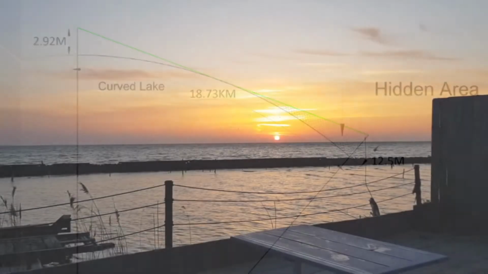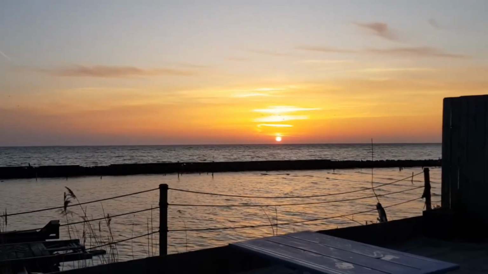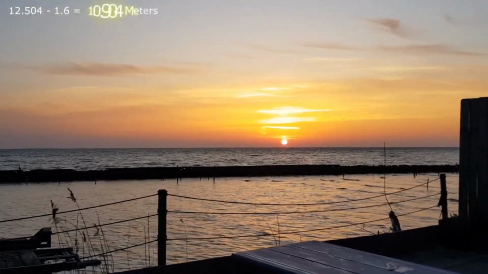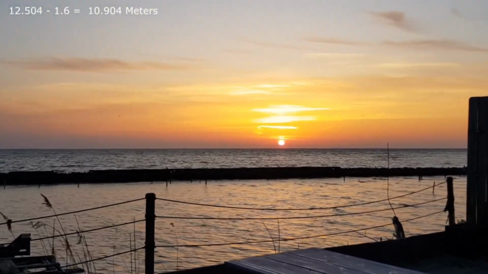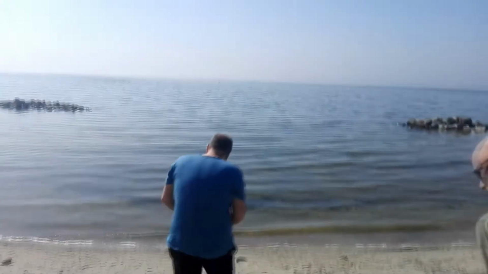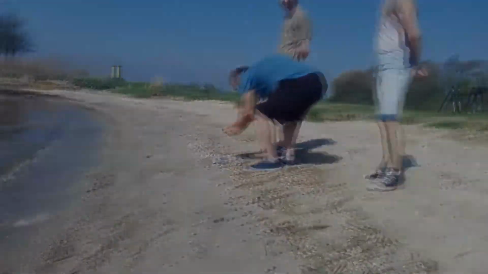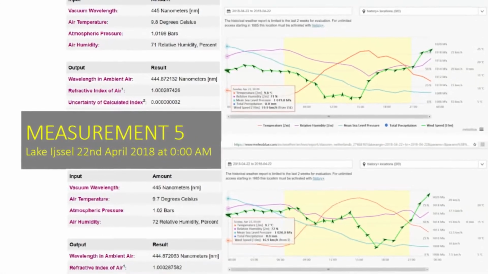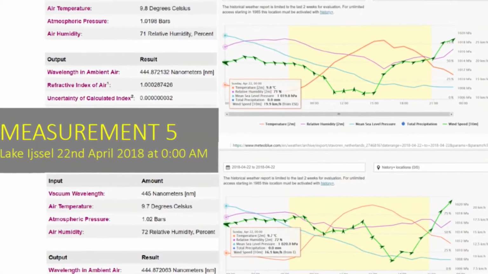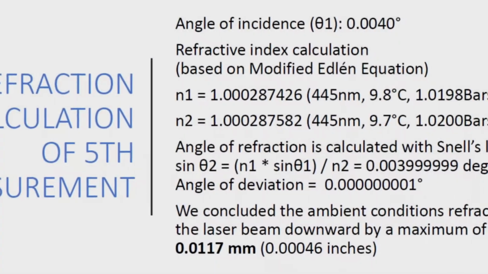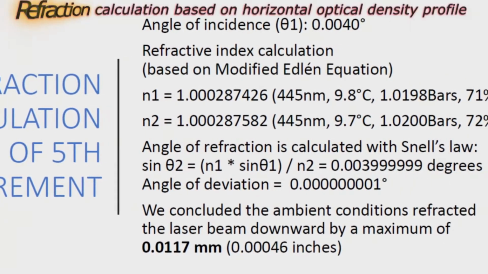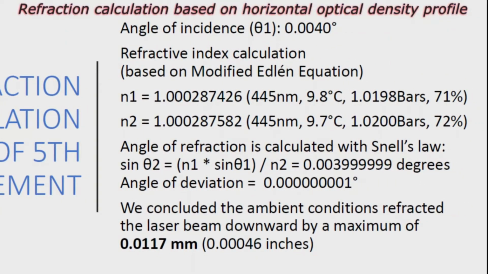For measurement 5, the WGS-84 mathematical construct differed by 10.904 meters, which meant 85% of the target hidden height was visible. FECORE examined the effects of refraction through the gradients in the air by adjusting the beam vertically. It was concluded that with the present ambient conditions at measurement 5, the beam was refracted downward by a maximum of 1/100th of a millimeter.